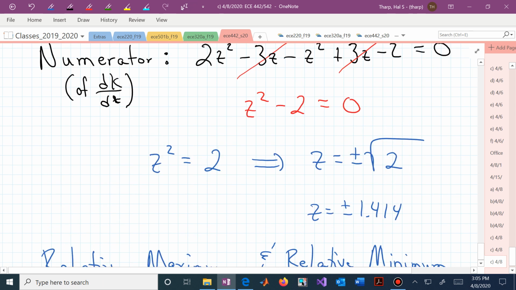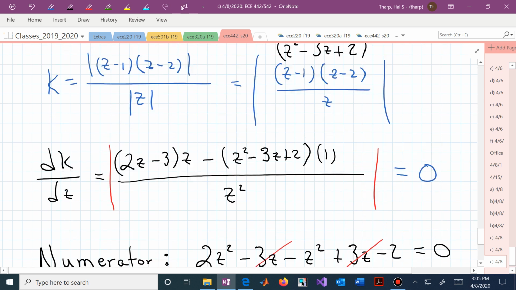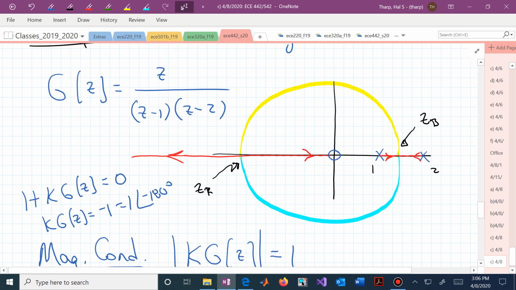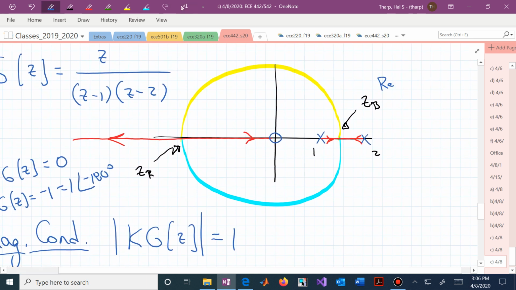And those relative max and relative min of our k expression tell us where we have a breakaway and a reentry. This is now a relative max, and we've now just found that z sub b is plus 1.414. That's the square root of 2.